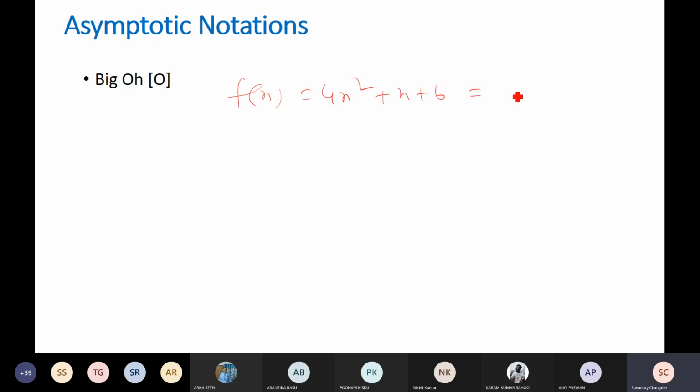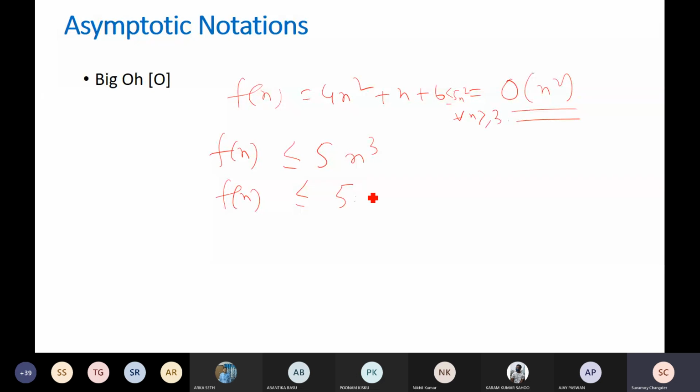Already we have proved that this is order of n square, and before that we have said that it is 5n square for all n greater than or equal to 3. Now we can easily show that f(n) is 5n cube also, or some other values. f(n) can be written as 5n to the power 4 and so on.